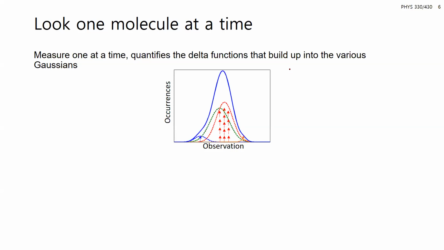As you build up the statistics, depending on the type of measurement you're doing, you might have hundreds of measurements, or even billions of individual measurements. You build up these populations, and you can resolve these rare cases, even this orange population that I've shown here, so you can tell the difference between those.